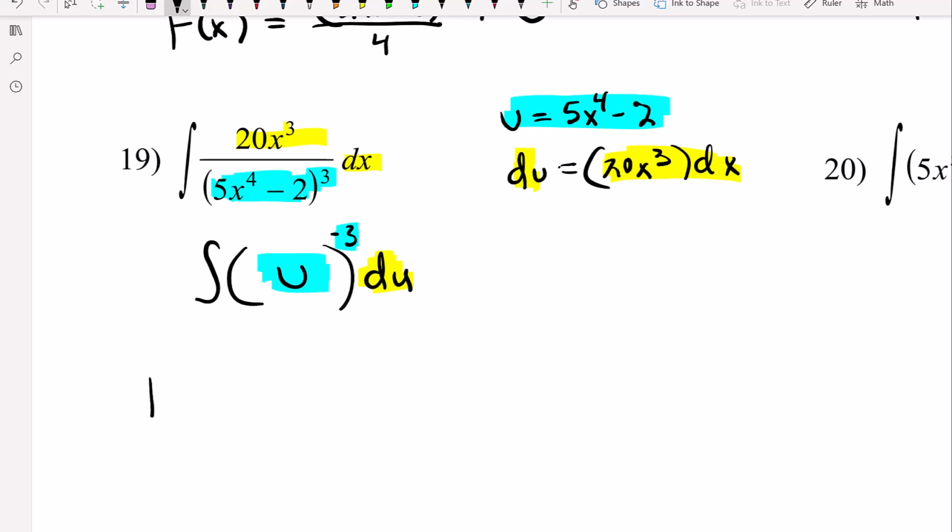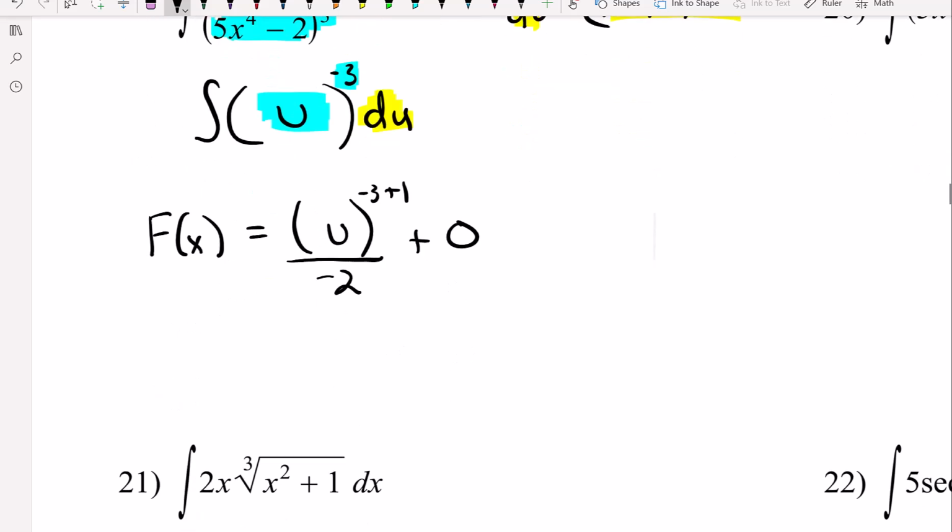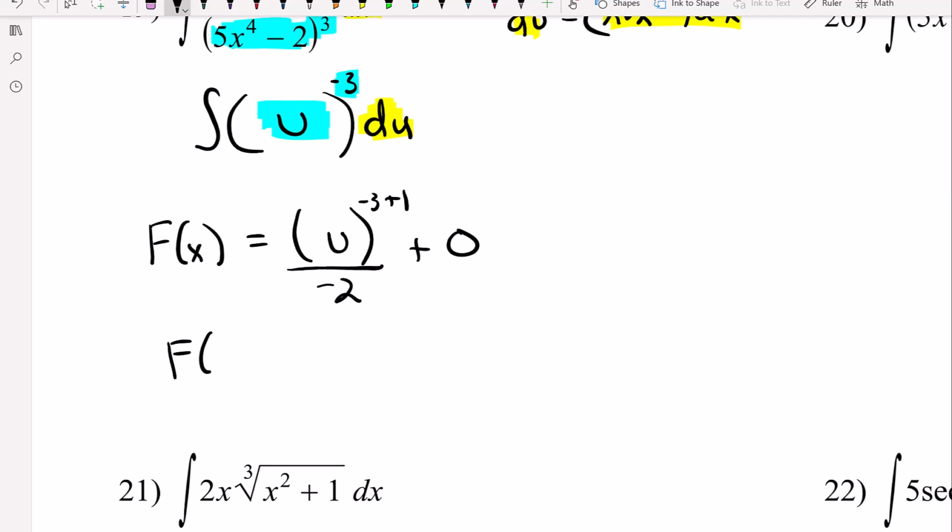All right, so when we integrate, we're going to add the 1 there. So it becomes u to the negative third plus 1, divided by negative 2, plus 0. So we finish that off. We have negative 1 over... this negative 3 plus 1 will be negative 2.